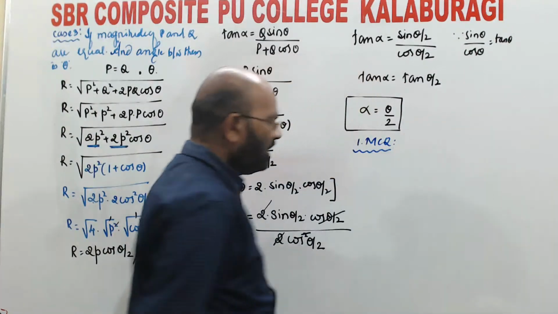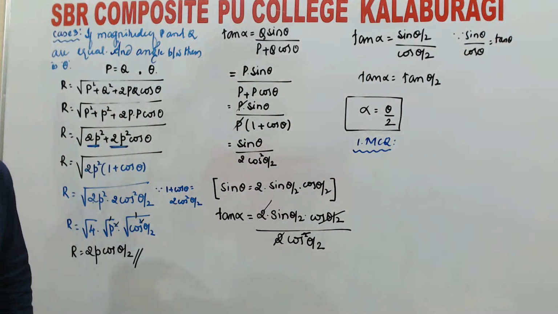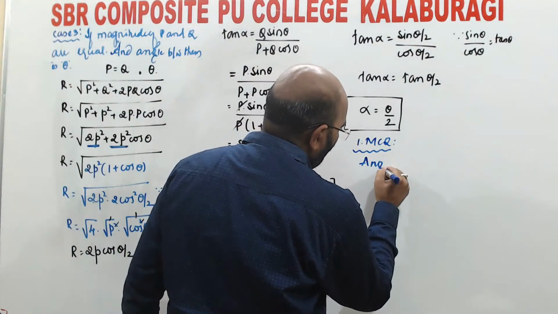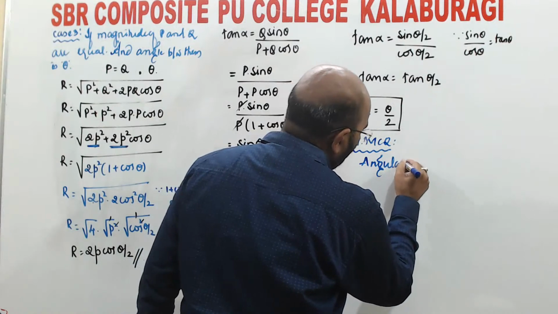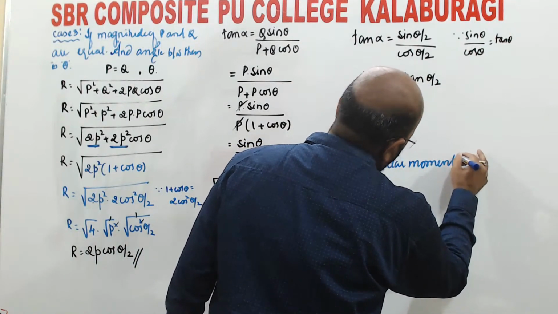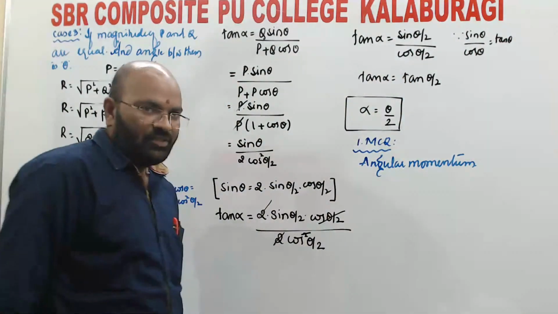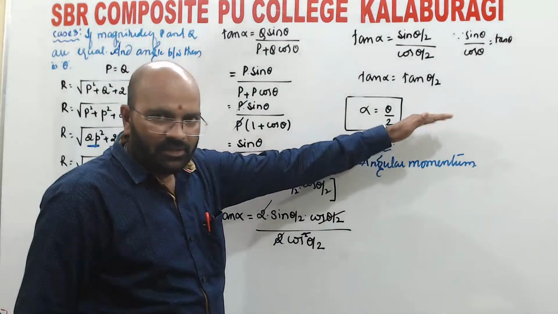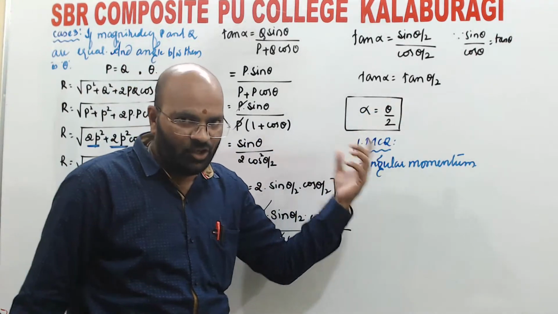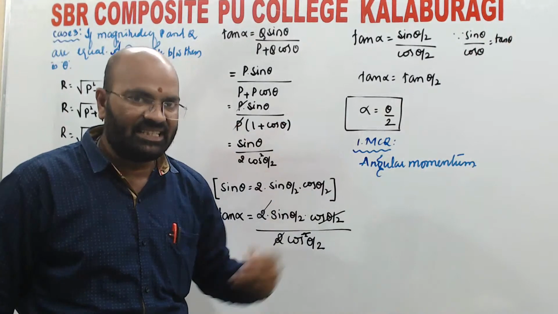Here, angular momentum is the first one. So remember, after this the vector addition is for the triangle law. Now we go with a slight numerical-based condition, what we discussed yesterday.